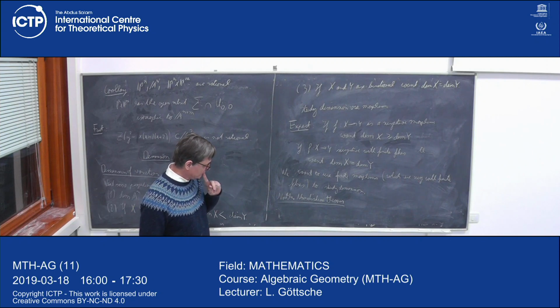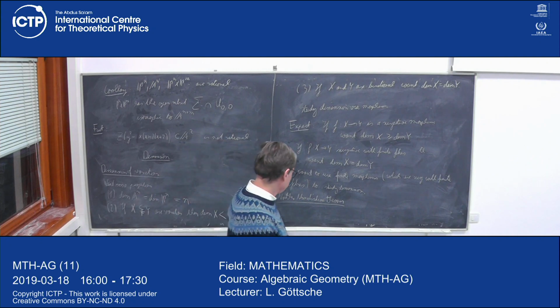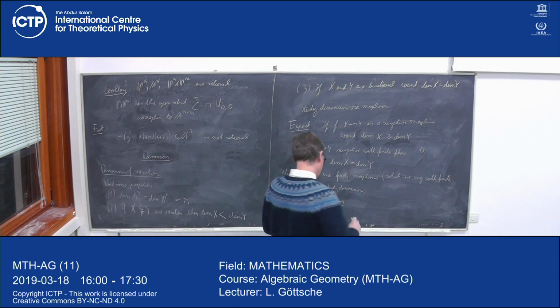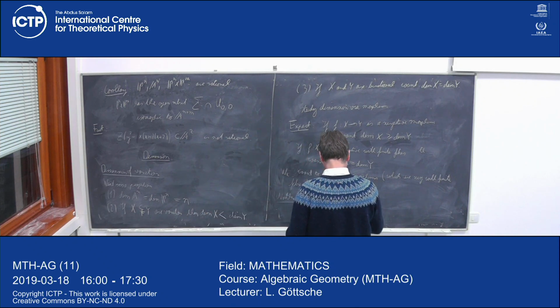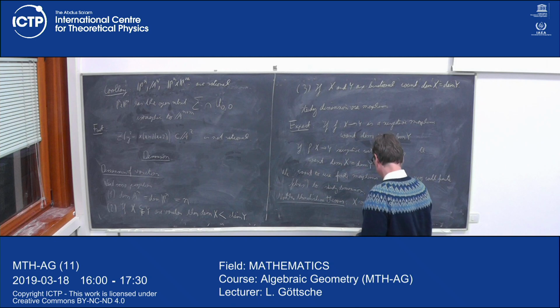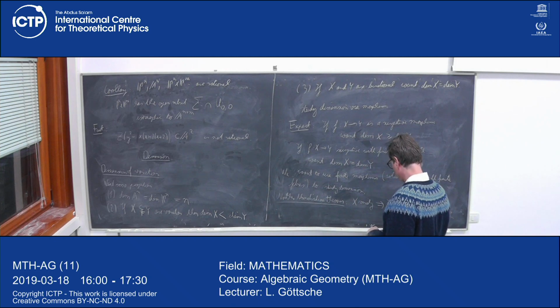I hope I'm not mixing them up. And who also was an algebraic geometer, and which says that if X is a variety, it follows there exists a finite morphism.